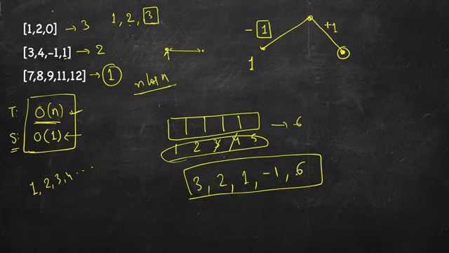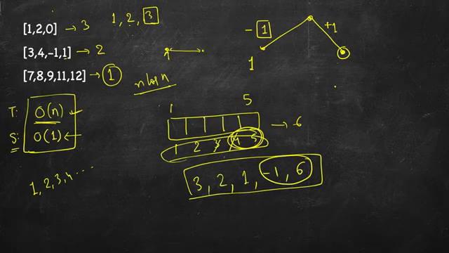As in this case, what is missing here? We have 4 and 5 missing, 2 numbers. That's why we have 2 other numbers. So its size is from 1 to 5. If 1 to 5 are not present, some other numbers are present. Let's say k numbers from 1 to 5 are missing. Then those k numbers will be some other value. For example, -1 and 6 are out of range of 1 to 5.